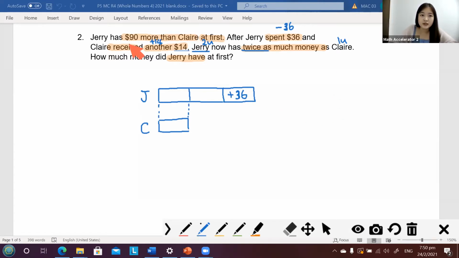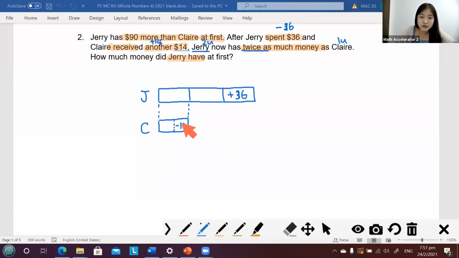And then $14, do you plus or minus from Claire? Plus or minus 14? Okay, good, minus. Because working backwards, you do the opposite, right? So take away the 14 from Claire, minus 14.